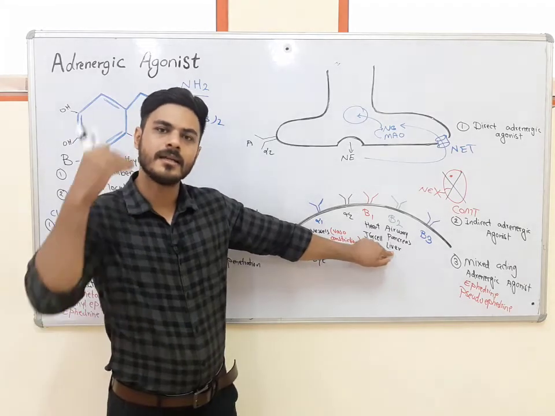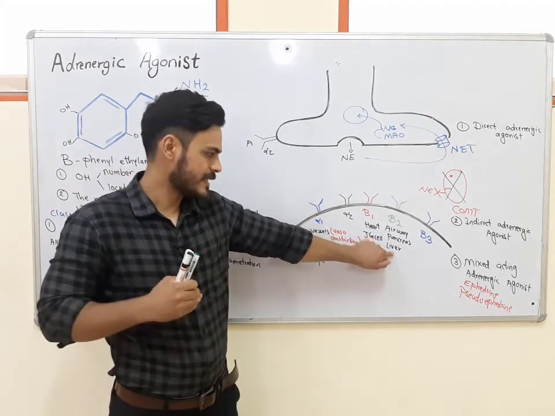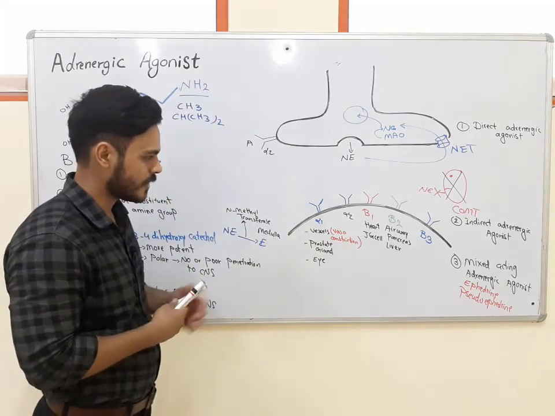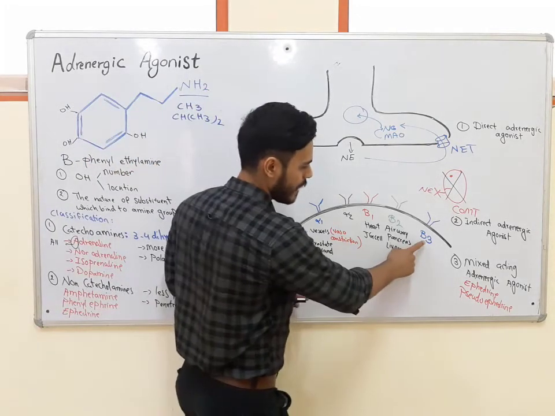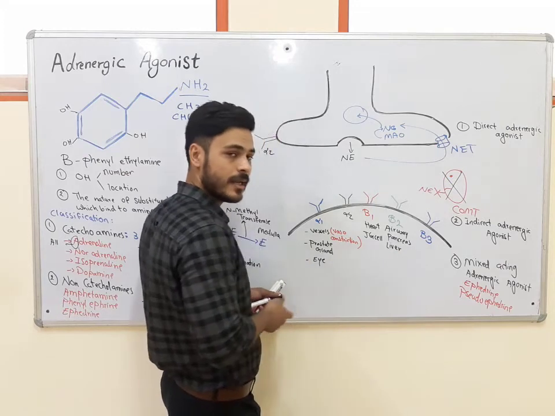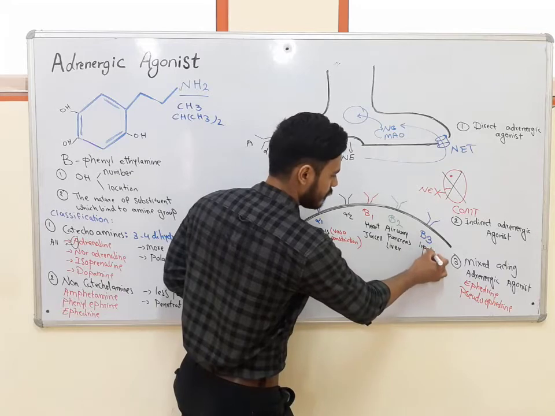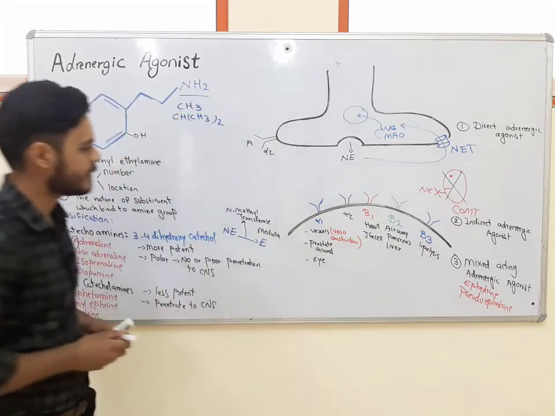It will increase glycogenolysis, and it increases the glucose level in the blood circulation. And when we stimulate the beta-2 receptor in the lipocyte, we can increase lipolysis. These are the actions of adrenaline on different receptors.